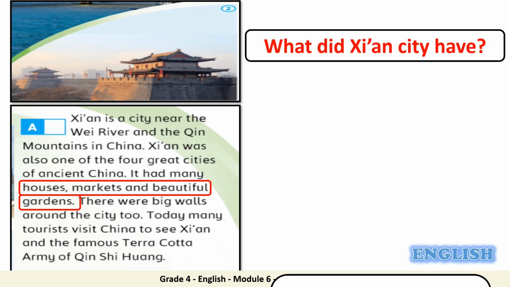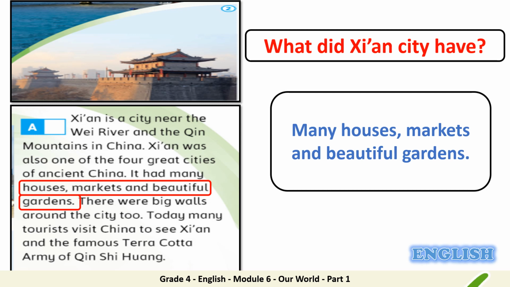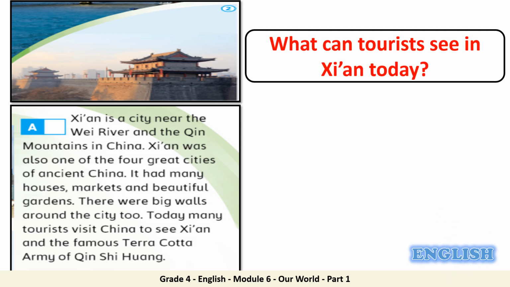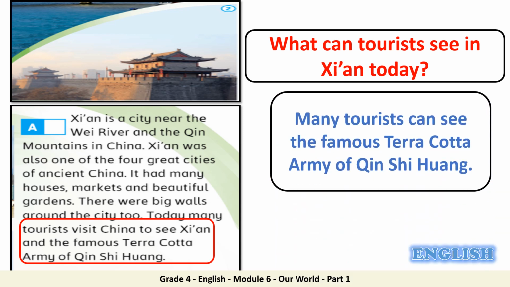Well done. Correct answer. Let's move to question 3. What can tourists see in Xi'an today? Well done. They can see the famous terracotta army of Qin Shi Huang.